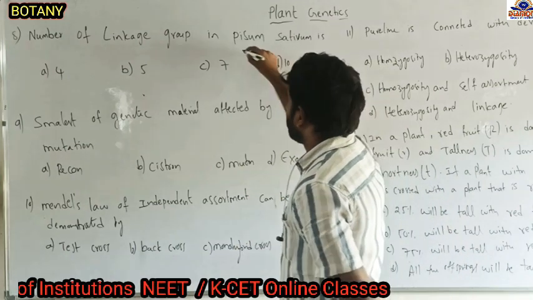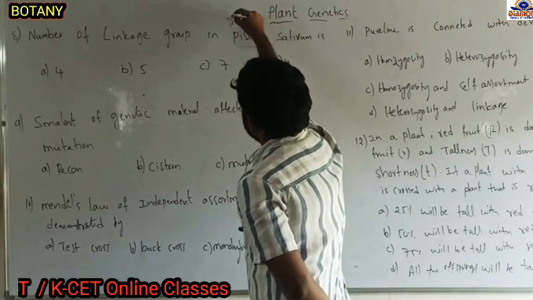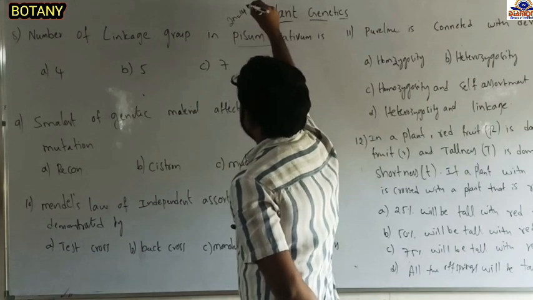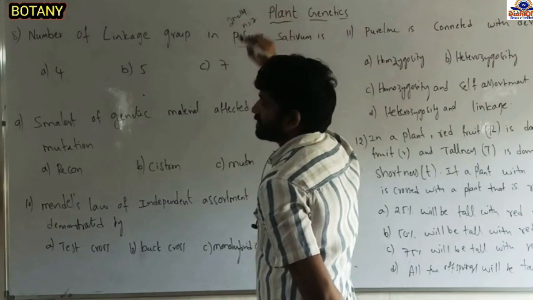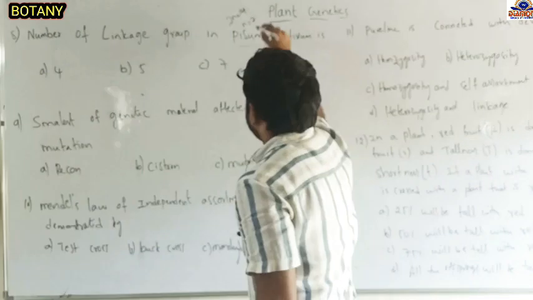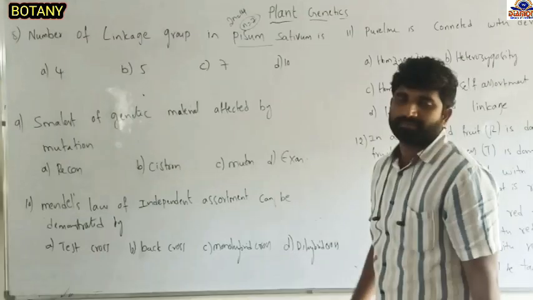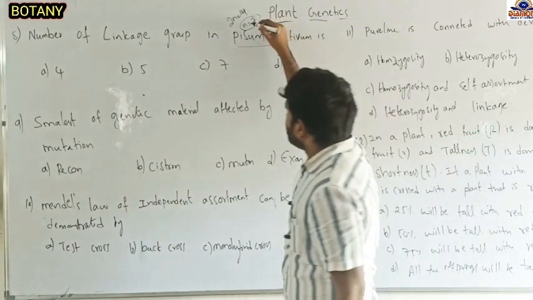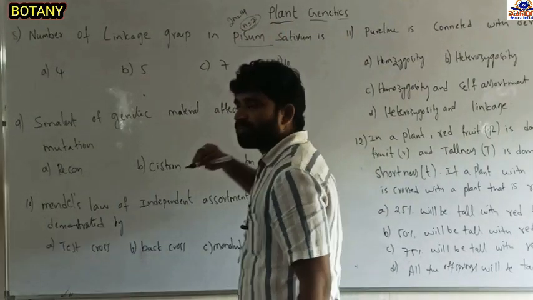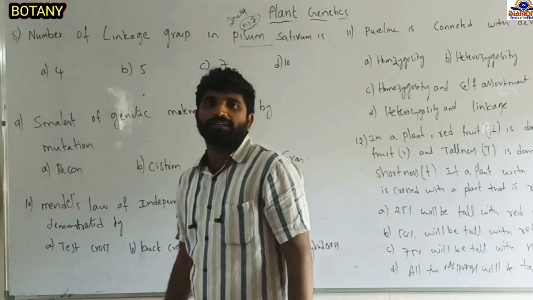For Pisum sativum, the diploid chromosome number is 14. The haploid chromosome number is 7. So the number of gametes, or the haploid chromosome number, is equal to the number of linkage groups.